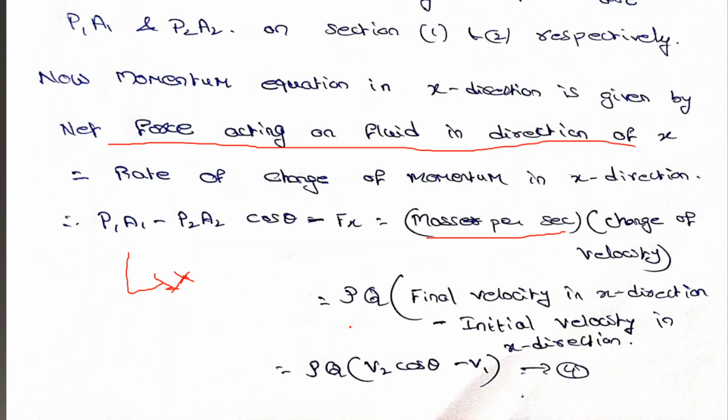Here mass per second is nothing but rho q. This is nothing but discharge. Now obviously here density is important, because whether it is water or oil, whatever the liquid is, we have to consider its density, whether it is the density of water, or oil, or petrol, or diesel.